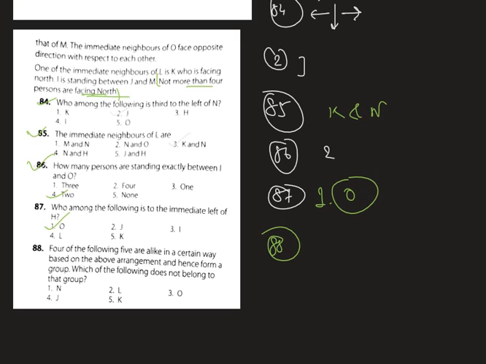Four of the following 5 are alike in a certain way based on the above arrangement and hence form a group. Which of the following does not belong to that group?